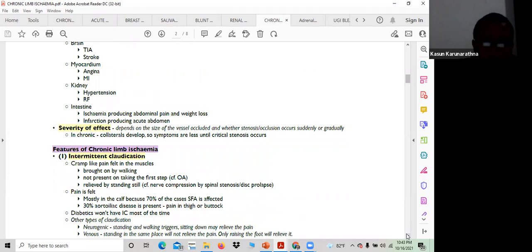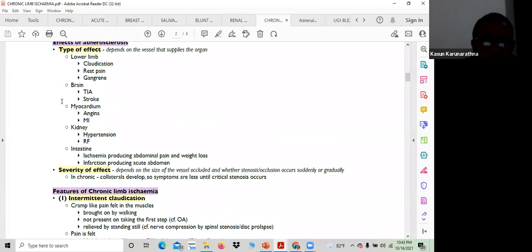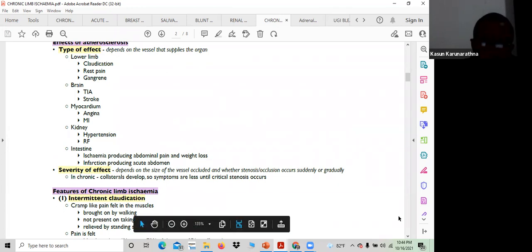So if you have a patient with atherosclerosis in the lower limb, you should suspect atherosclerotic disease in other parts of the body as well, right? That's why you asked in the history about past history of TIA, strokes, MIs, renal failure, mesenteric angina, right? Because you suspect atherosclerotic disease in other parts of the body as well.